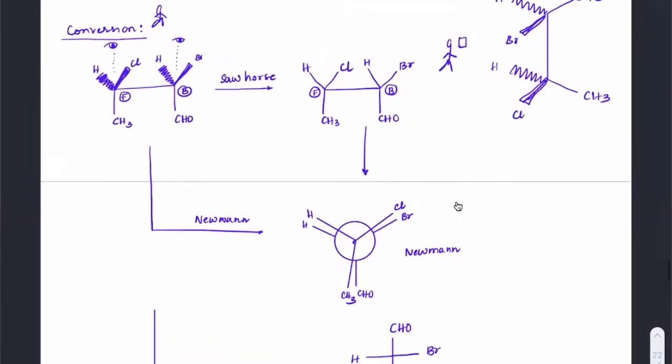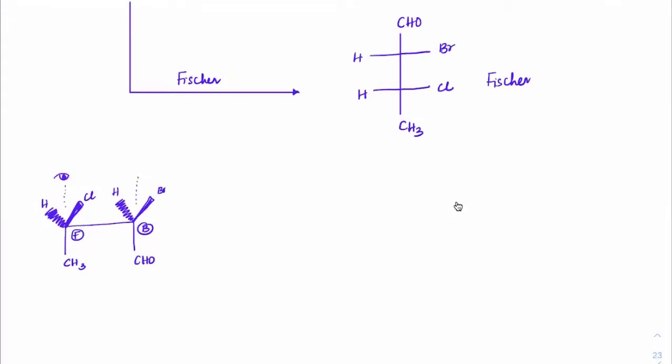Yes, beta. Now, good question. Suppose I make this front carbon up and the bottom carbon down, and now you're watching it, then where will be chlorine? Tell me. You're here and you're watching the same way, but you want to place the front carbon up, I mean the CH3 carbon up. So now the CH3 carbon is here, CHO carbon is here, got it?